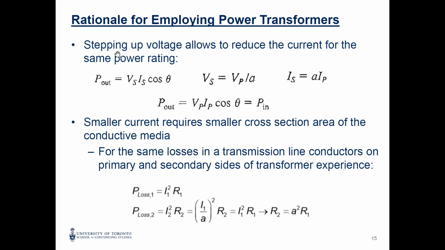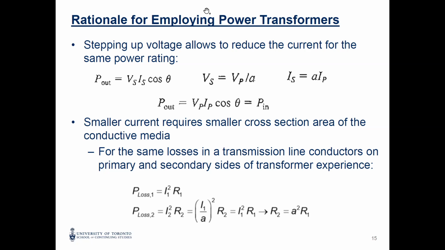So for this one, this part is regarding the referring, moving from primary to secondary or secondary to primary. We assume that we have an ideal transformer, so the input equals the output.